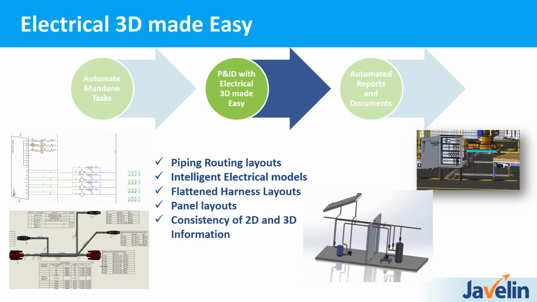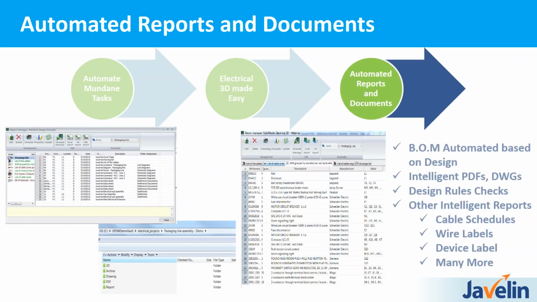And essentially, at the end of the day, if you simply want to stick to old school electrical design, you can also do panel layouts. But the beauty in all of this is there is consistency between the 2D and 3D information. All in all, your reports are automated. There's a lot of intelligence available in it. There are also reports called design rule checks to ensure you haven't missed any information or misrepresented any of your information.